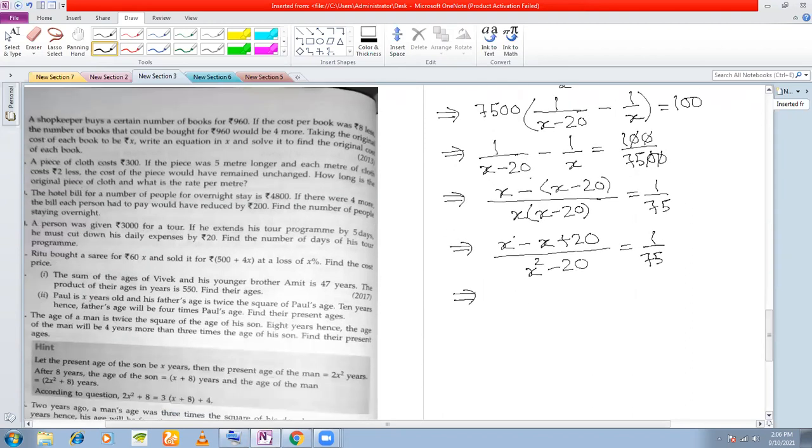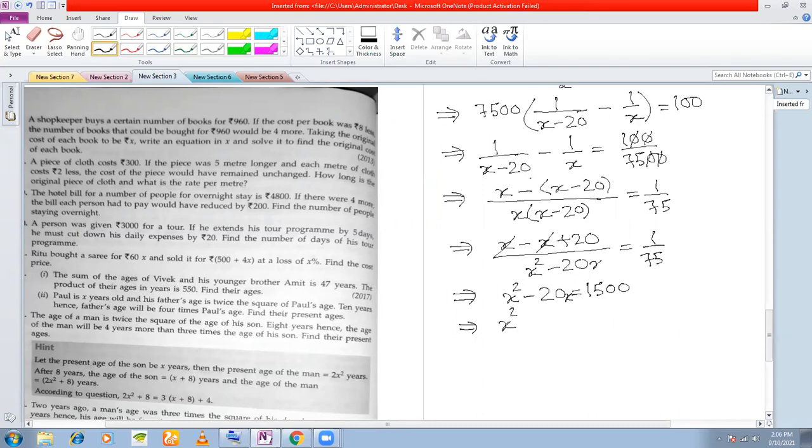Now in the numerator, plus x and minus x is going to cancel. And now if you cross multiply, you're going to get x square minus 20x is equal to 75 into 20, which is 1,500.